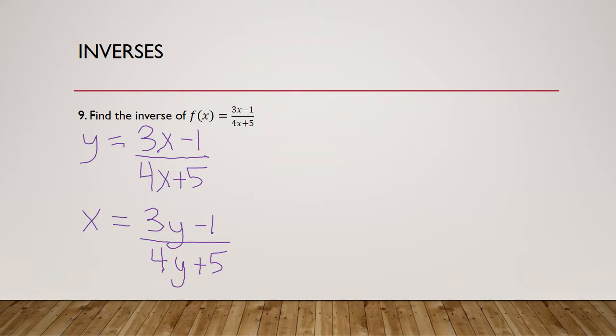So first things first, I don't like that this is a fraction, so I'm just going to times my bottom up. So I have x times (4y + 5) equals 3y - 1. Now at this point, you have y's on both sides of the equals. Okay, so this happened when we were doing logs.